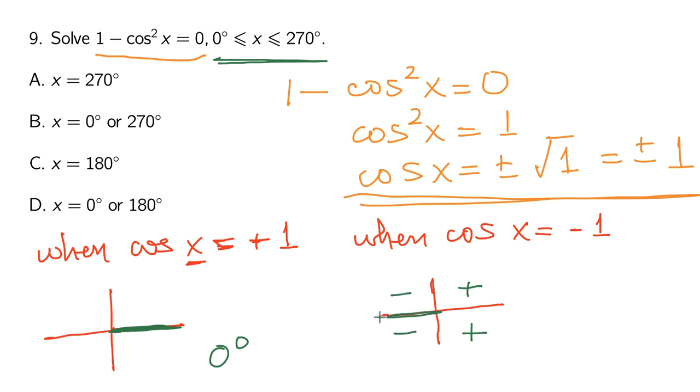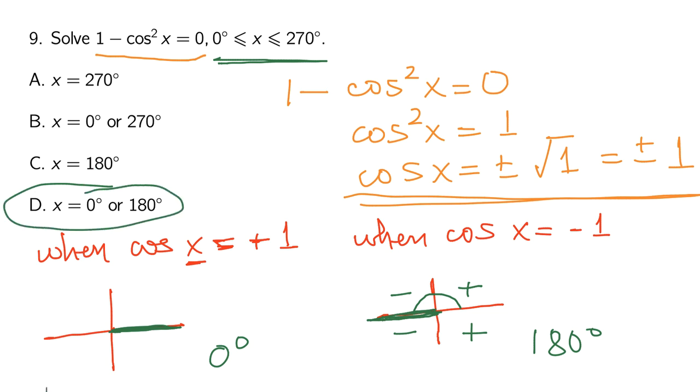If we want an angle that is 0 degrees from the x-axis and negative, then it has to be between the second and the third quadrants. And this angle is equivalent to 180 degrees. So we have 0 degrees and we have 180 degrees, and that gives us D.